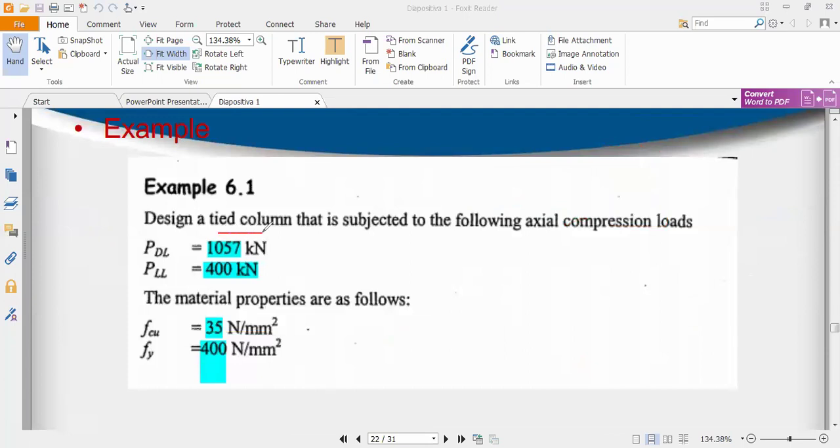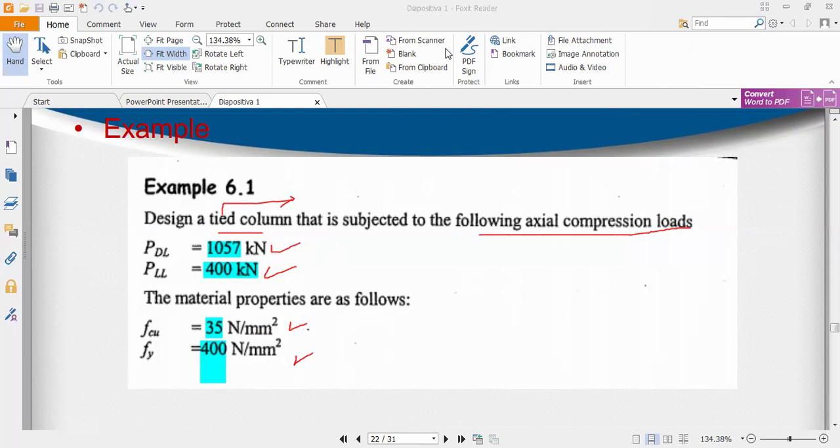Design a tied column. Tied columns mean rectangular columns. Rectangular columns is the same terminology as tied columns. Okay. You have axial compression loads, dead load and live load. These are the material properties, 35 and 400 Newton per millimeter square. Okay.